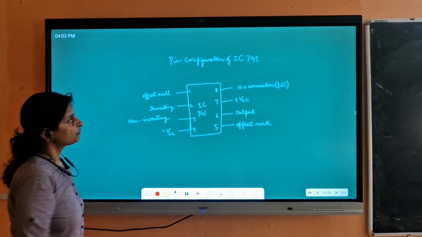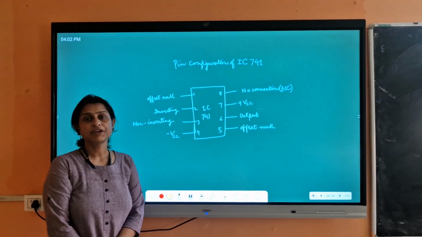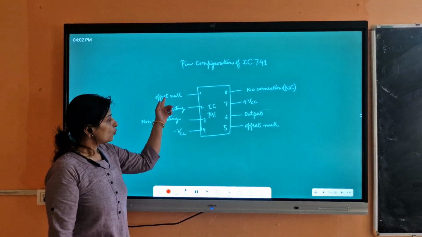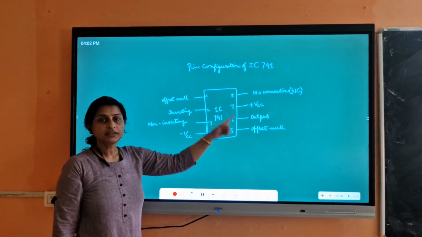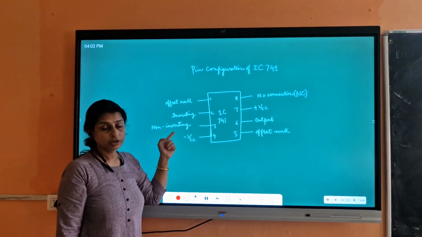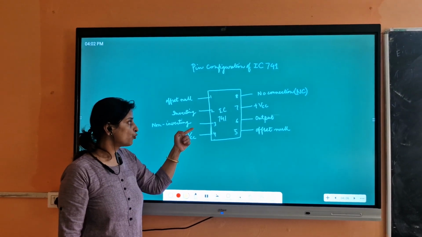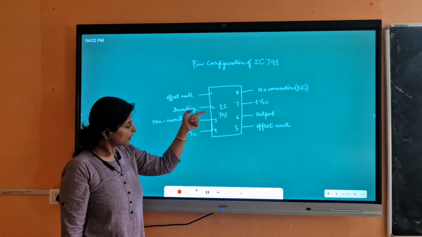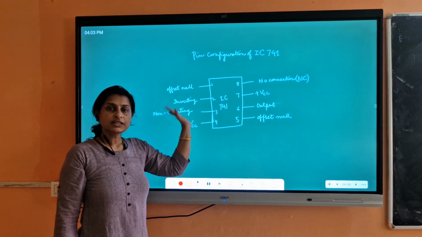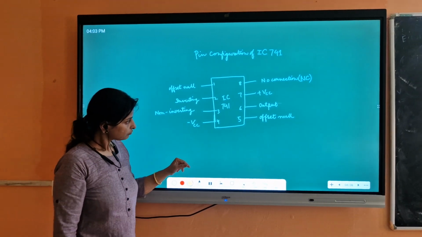So this is the pin configuration of IC-741. Here we have 8 pins. Pin 1 and pin 5 are the offset null. Pin 2 and pin number 3 are for the input. We give the input voltages either at pin number 2 or pin number 3, or we can give voltages at both the input pins.